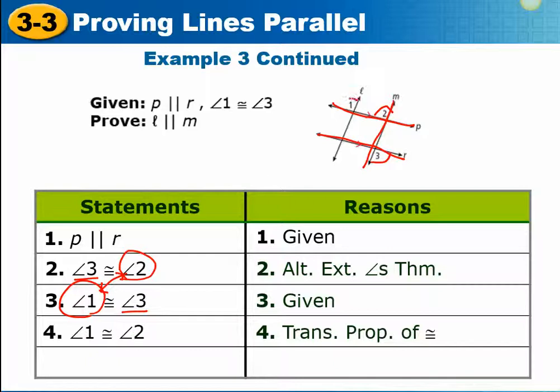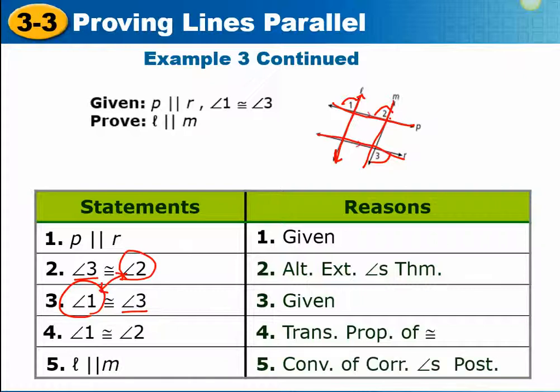Well, if angle 1 is congruent to angle 2, then by the converse of the corresponding angles postulate, line L must be parallel to line M. So there's a little proof that proves that L is parallel to M.